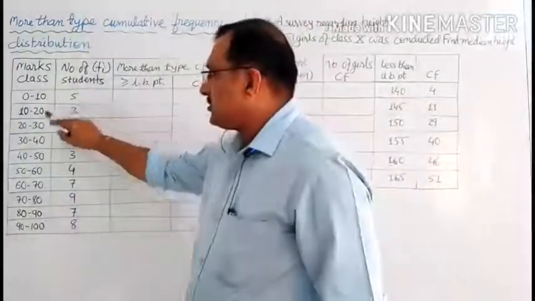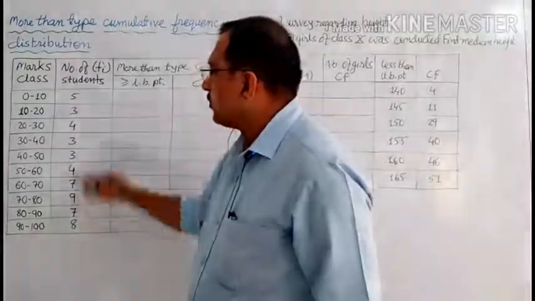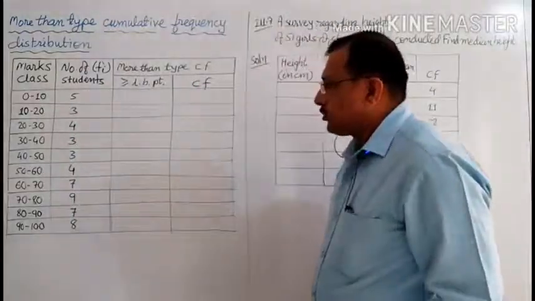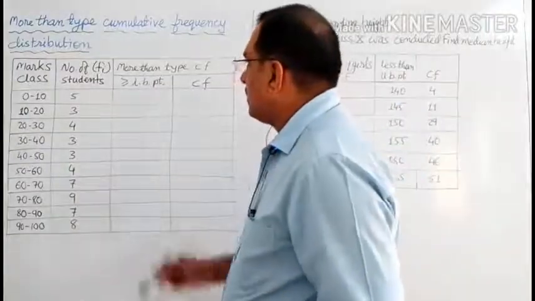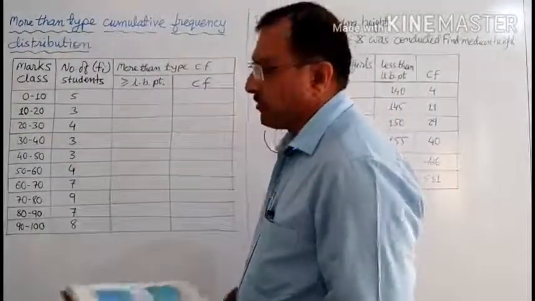Then the number of students having scored marks in the next range is 3, and so on. So here the marks scored by 53 students are given. We have to prepare the more than type cumulative frequency distribution.